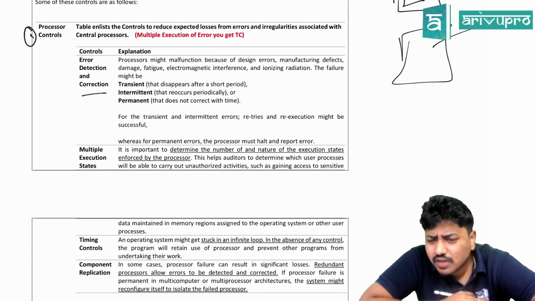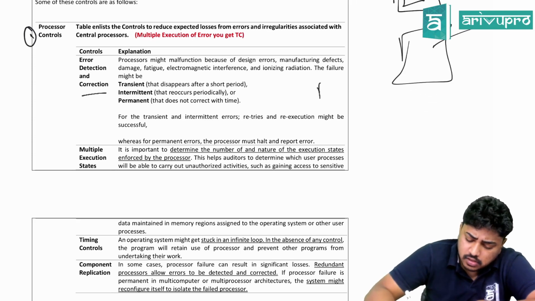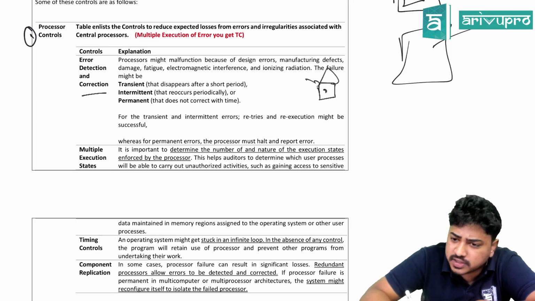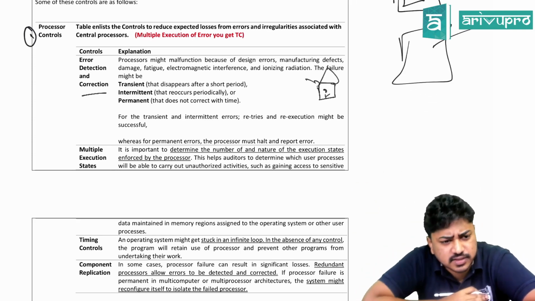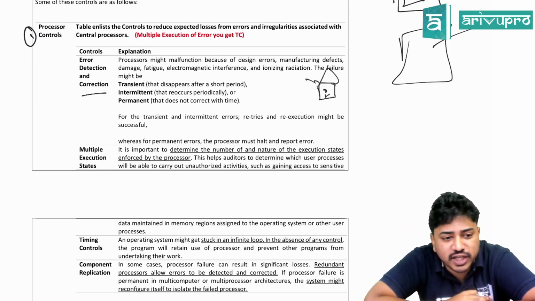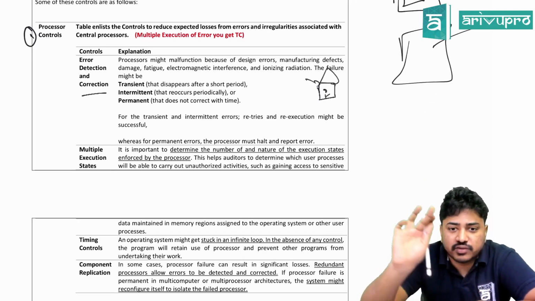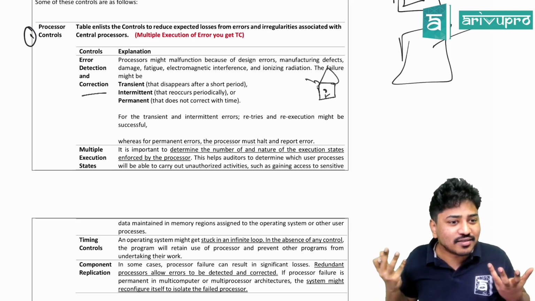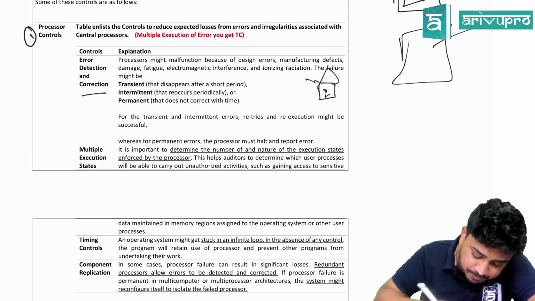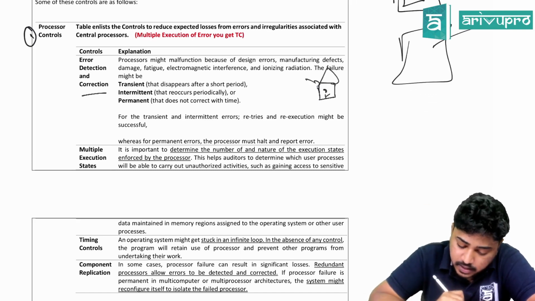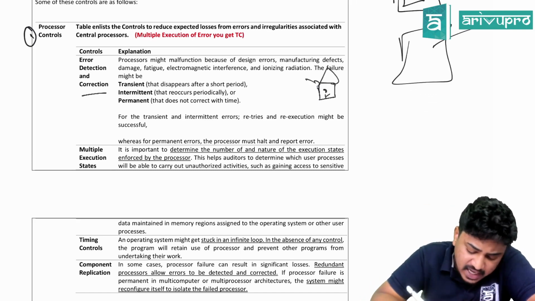See guys, I told you what the CPU or processor is. The computer is the house, you are the person, correct? Can you make errors? The CPU also can make errors. Don't think the CPU will always be perfect. Sometimes when you double click to open a file, it does not open. The processor might malfunction because of design error, manufacturing defect, fatigue, damage, or electromagnetic interference.